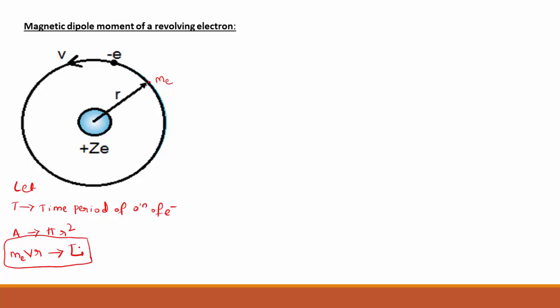Then the speed of the electron: how to calculate the speed? Speed, denoted by the symbol v, is equal to distance divided by time.